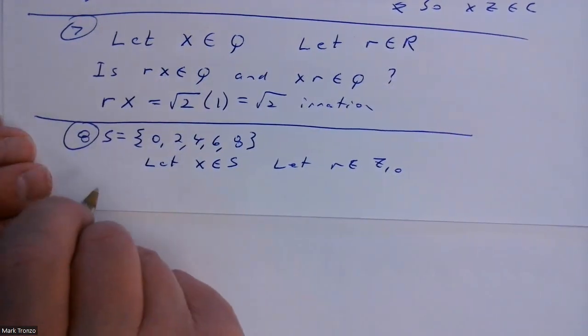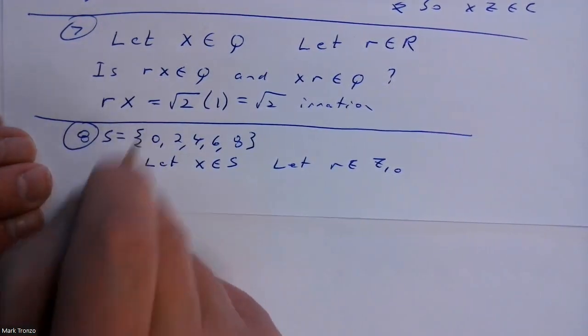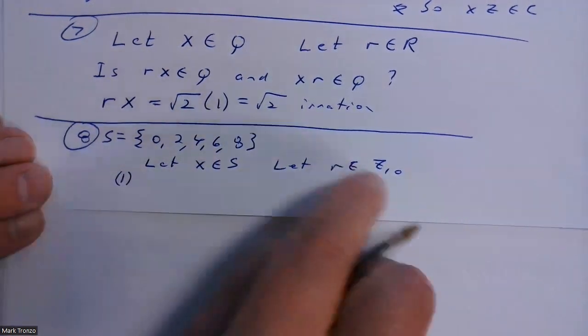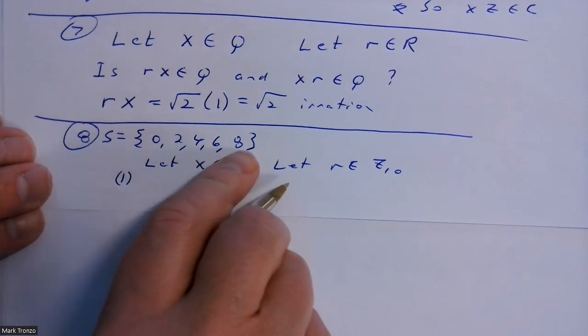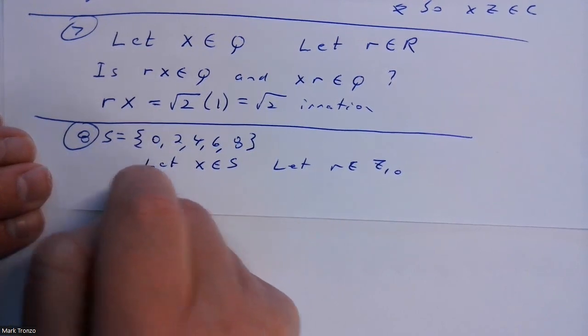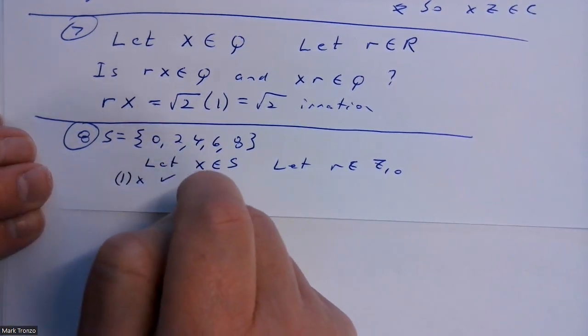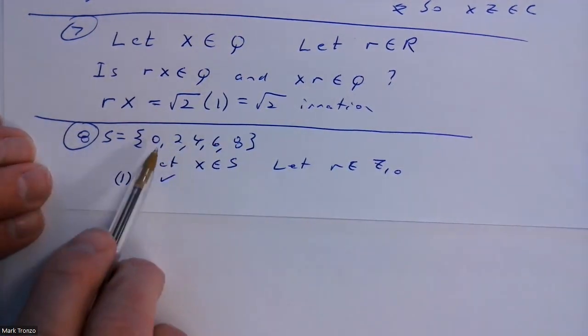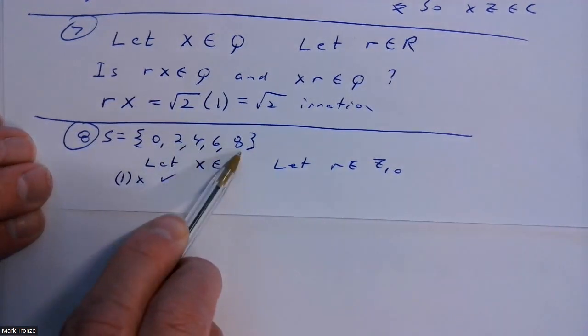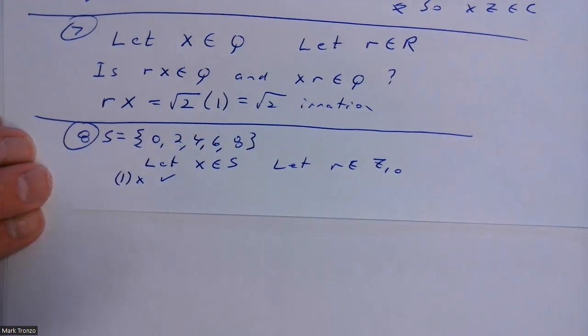And this one, we may actually have to check each one. Let me just see here. Or we can maybe just check a few. So if we took 1, which is from here, times all of these, we would just get the whole set back. So that's not a problem. That one's okay. Now, if we picked any of the evens, we know automatically they're going to be in there because it's a subring and subrings are closed.